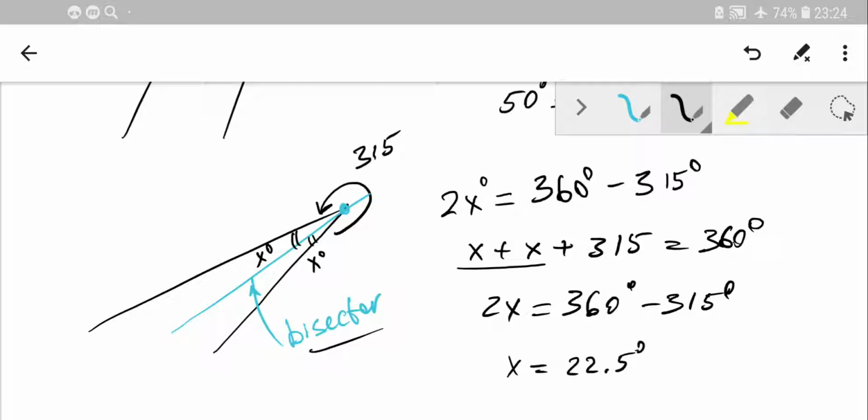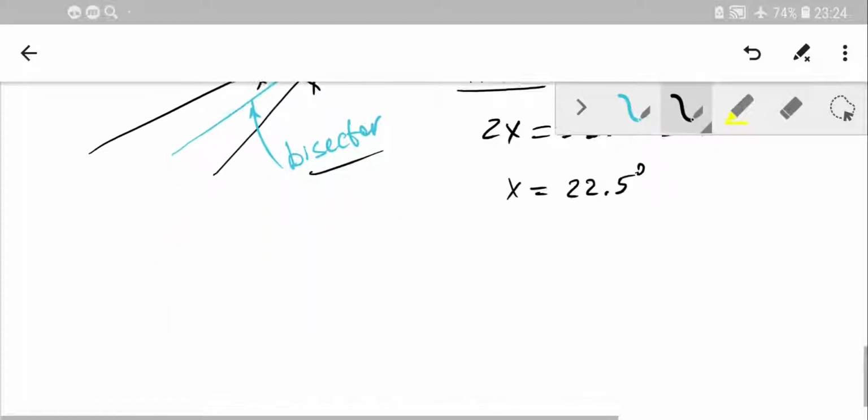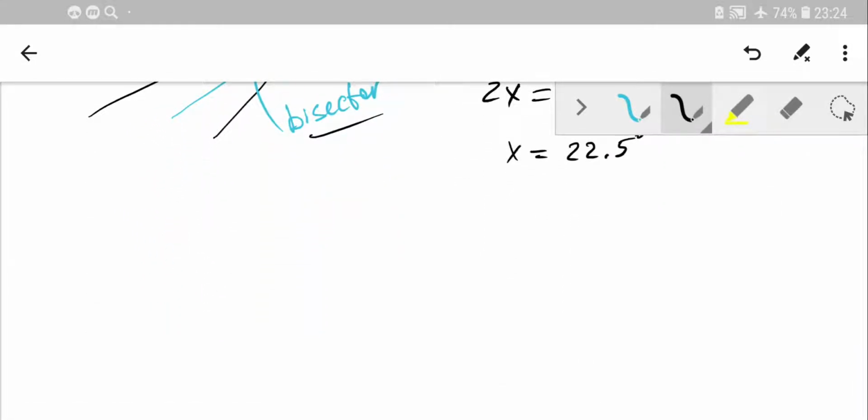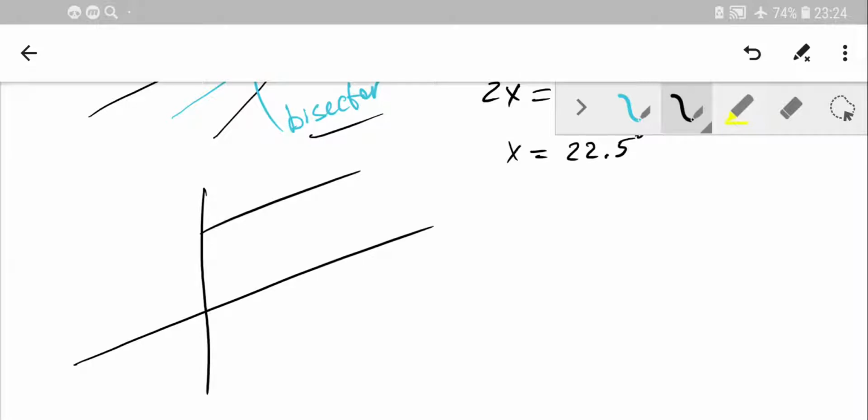Okay, so what's next? Probably let's consider parallel lines and a second line. So you have a vertical line and two, say, parallel lines. Okay, so those lines are parallel, so you'll get an x value, let's say a y value, and you'll get this angle to be, let's say, 60 degrees.